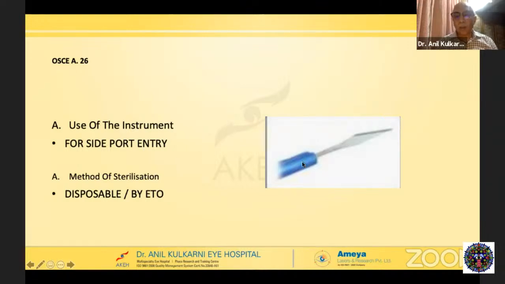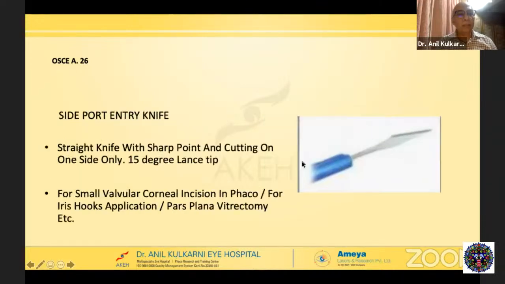It's never autoclaved. This is a straight knife with a sharp point and cutting on one side only. This is also called a 15-degree lance tip knife. This makes a small valvular corneal incision in phaco, as well as whenever you want to apply iris hooks or capsular hooks, or in a pars plana vitrectomy.